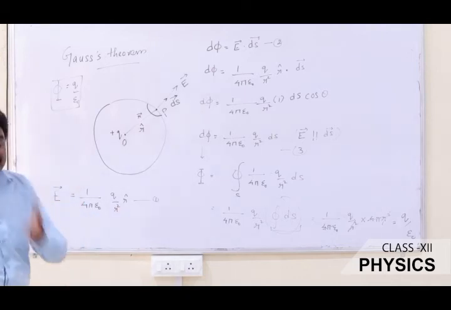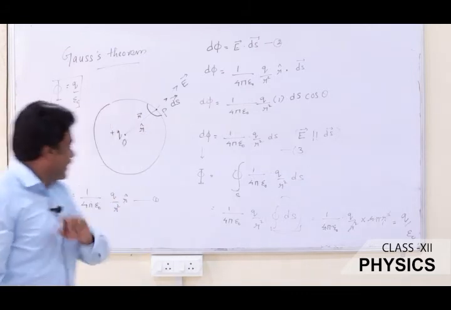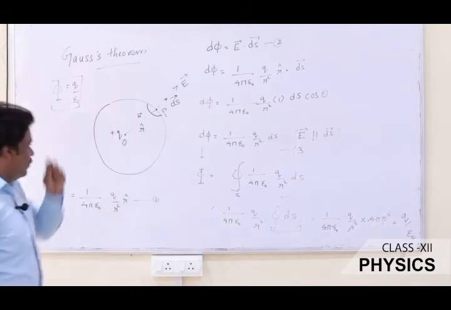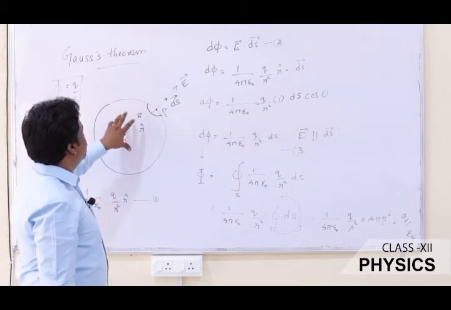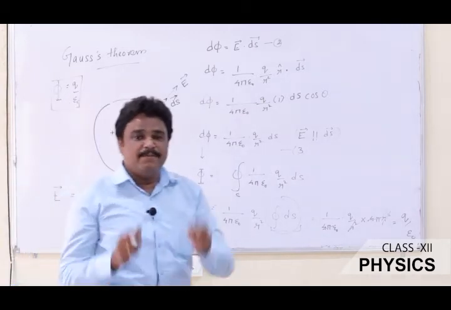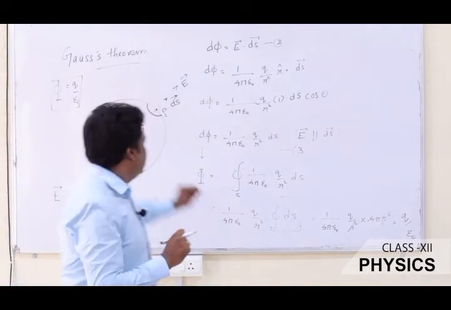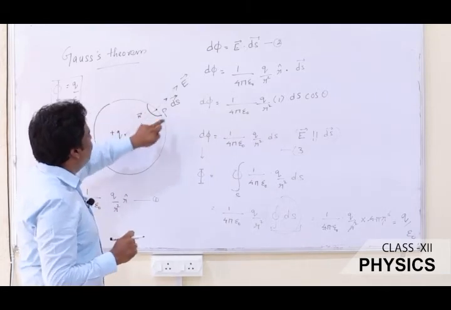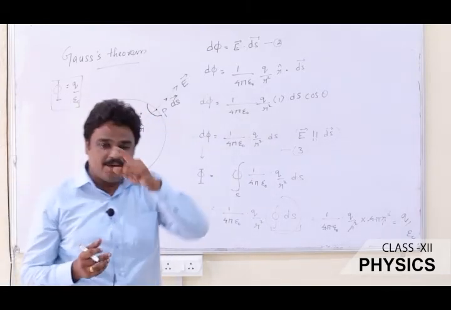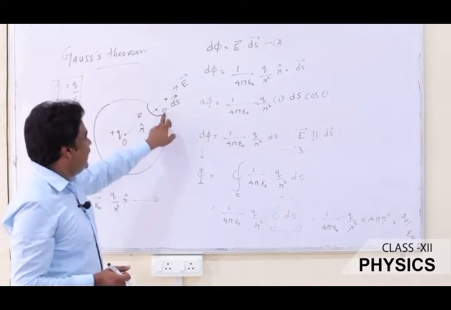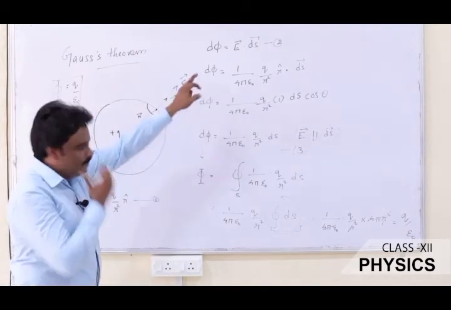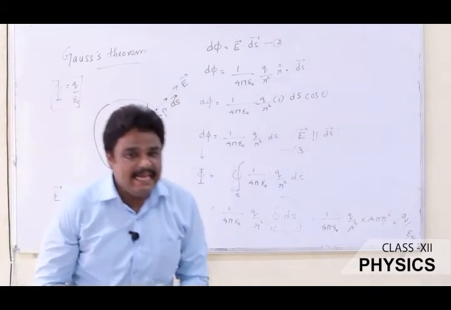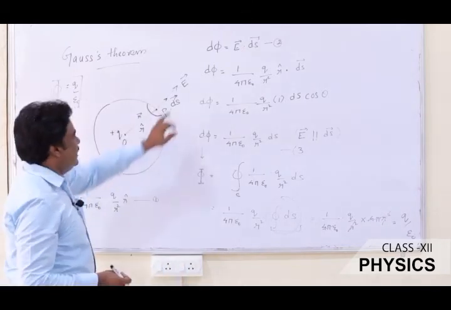I am writing the electric field intensity in vector form. Mark it as equation number 1. Now, in order to find the flux through the entire surface, I assume a small area element ds around P, such that the area element vector acts along E vector.